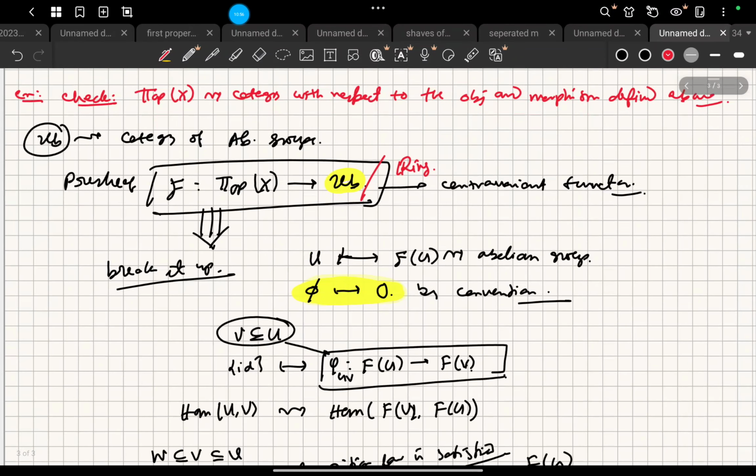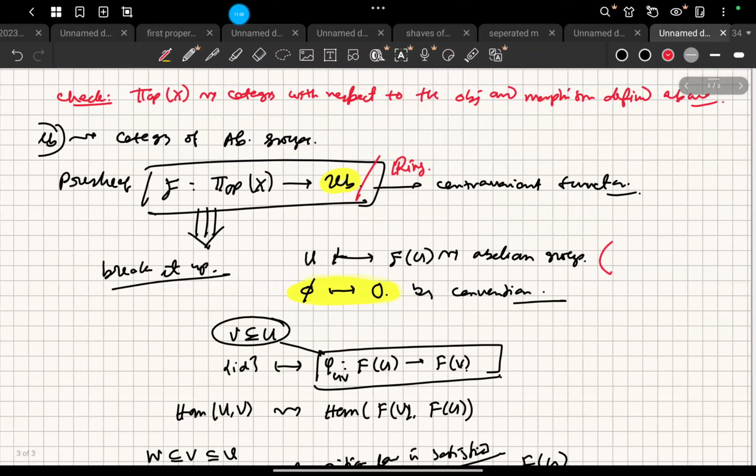In that case, we have defined that F(U) should be an abelian group. Then you can easily identify that this should be a ring. Of course, by ring I mean commutative ring with unity. Every time I may not be mentioning this terminology, but you have to understand that I mean commutative ring with unity.